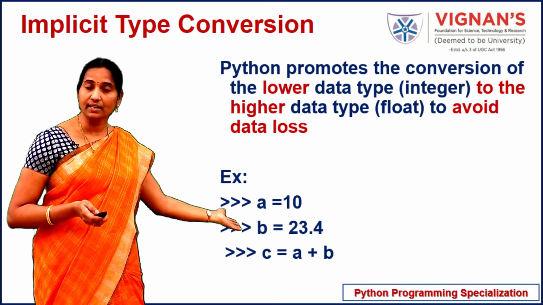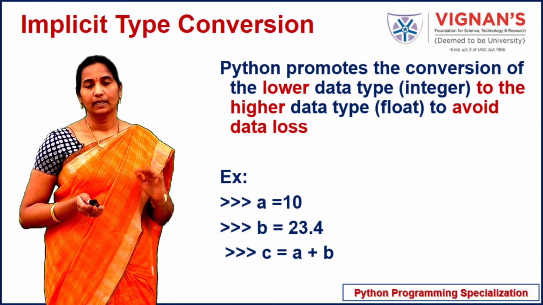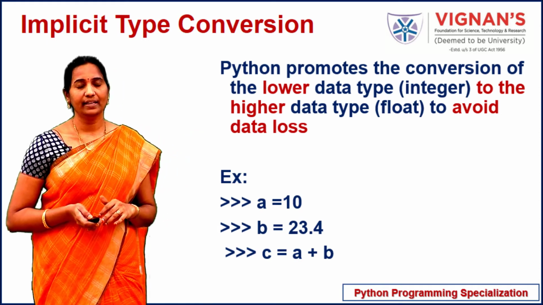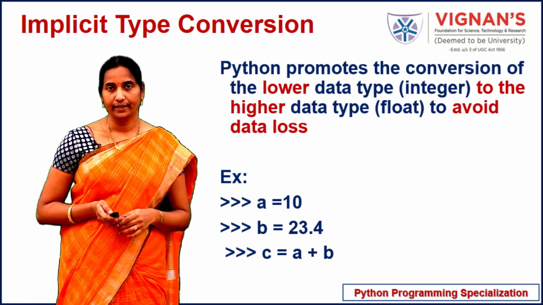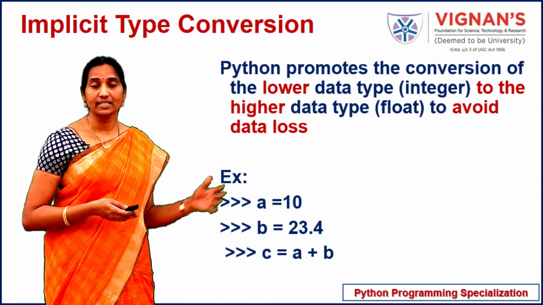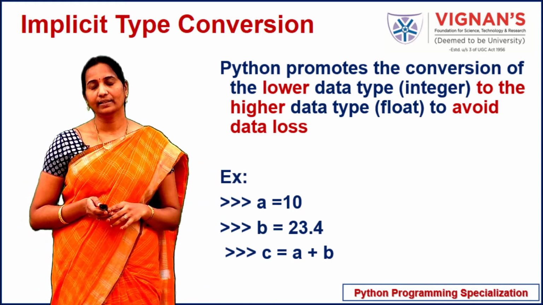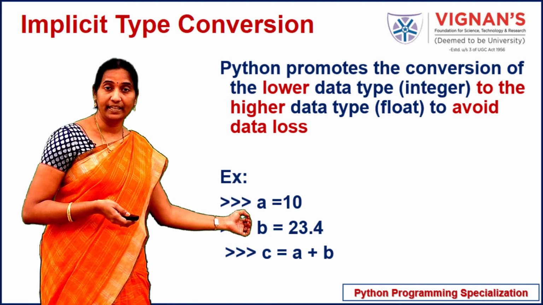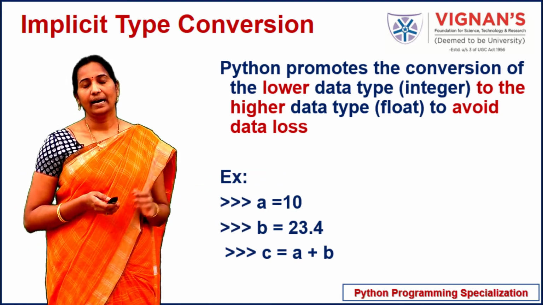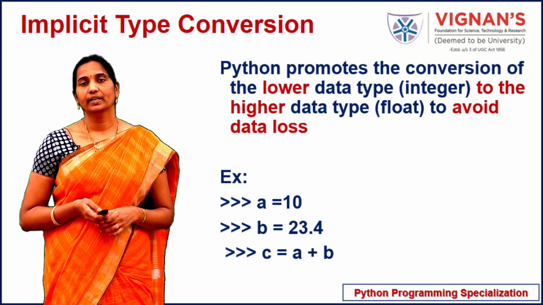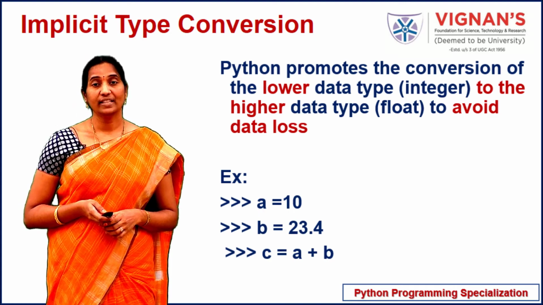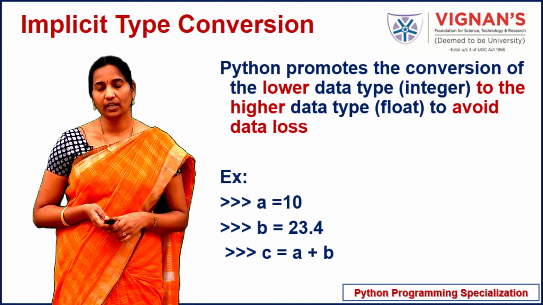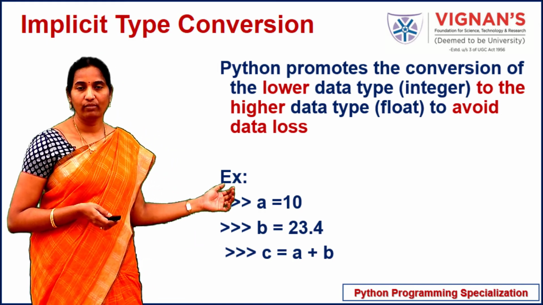That's how the integer value will be converted to the floating point type first and then the addition will be applied. To avoid the data loss that happens in arithmetic expressions or other expressions, the lower type of data will be converted to the higher type of data and then the expression will be evaluated. That's how implicit type conversion in Python helps to avoid data loss.